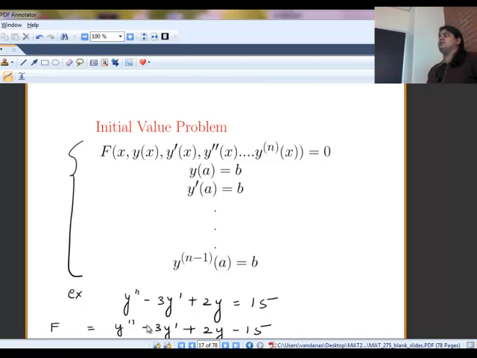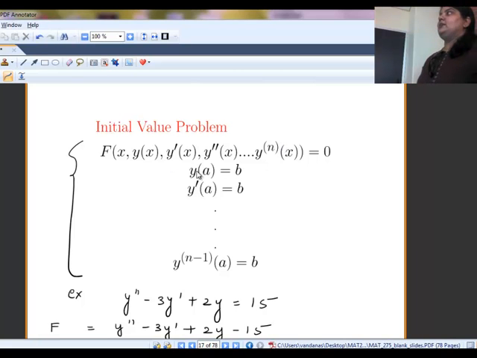Now there is a difference here. When I was proving the linearity, I was taking f to be only the function which contains derivatives and y, but in this case it's the entire thing because I am comparing it with this equation here.